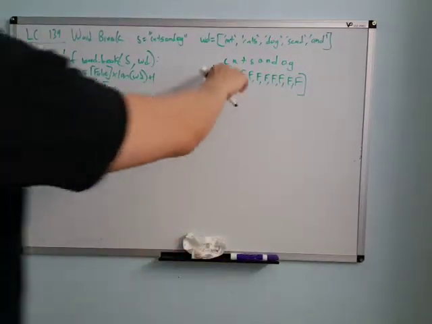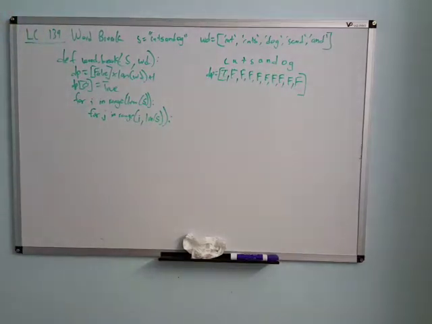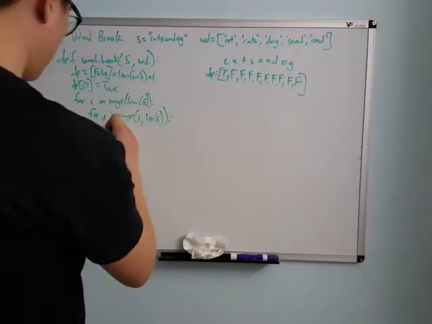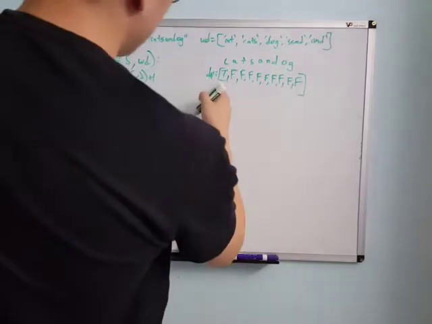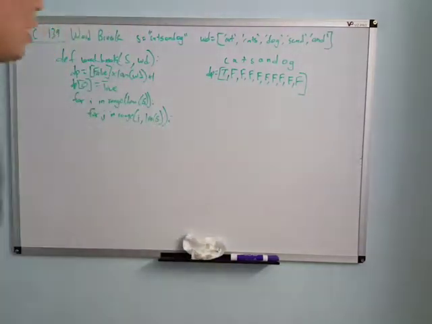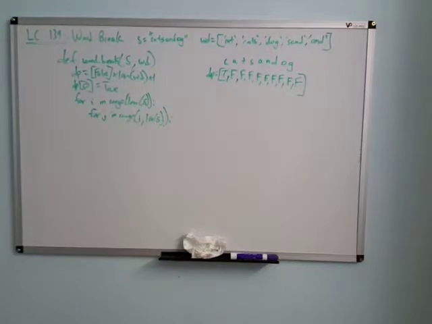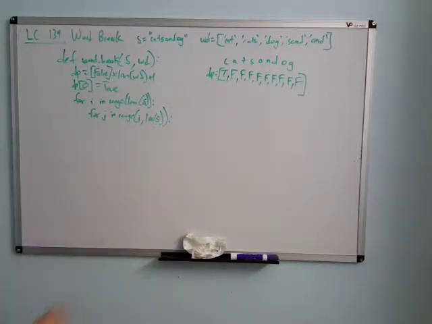So we need to see if C at first exists in our word dict. Like I mentioned before, we need to first check what index we're on at i is true, and it's always going to start true.